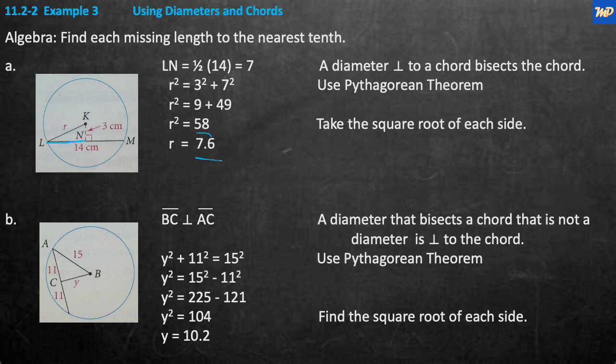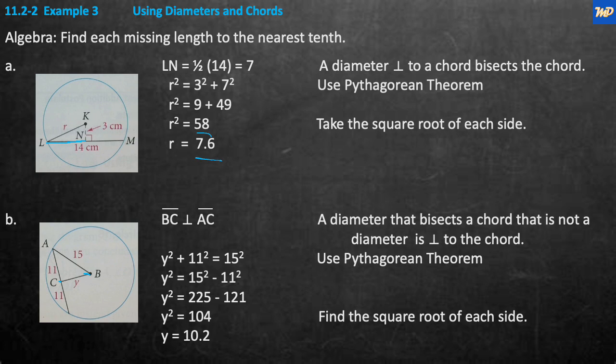If we go to the next one, B, we have BC perpendicular to AC. BC, this little segment going from the center to intersecting the chord, is perpendicular to AC, as you see it here on the outside.